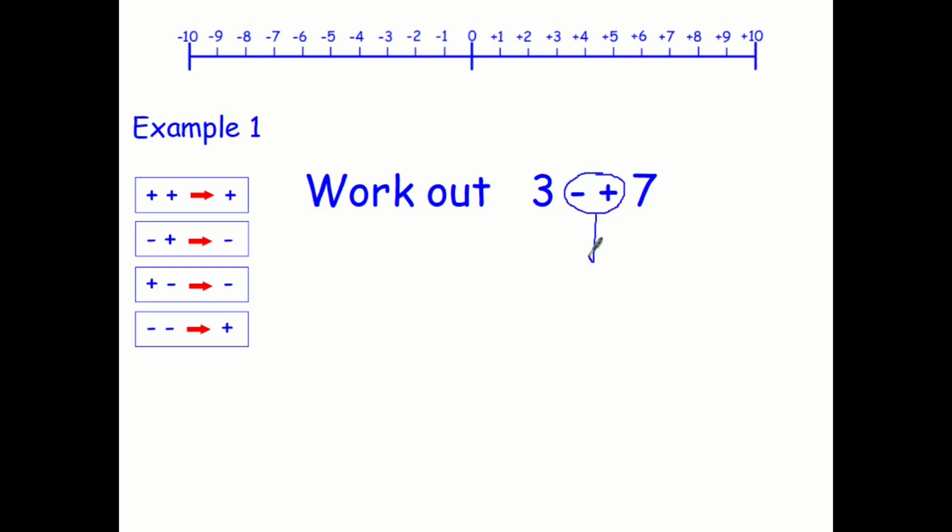So that means I'm applying this rule here. And a minus and a plus become a minus. So down below here, I'm just going to write 3 minus 7. And then it becomes a question similar to what I did in the first video. 3 minus 7 takes you to minus 4.